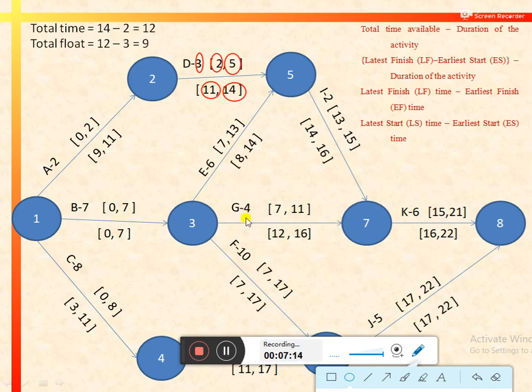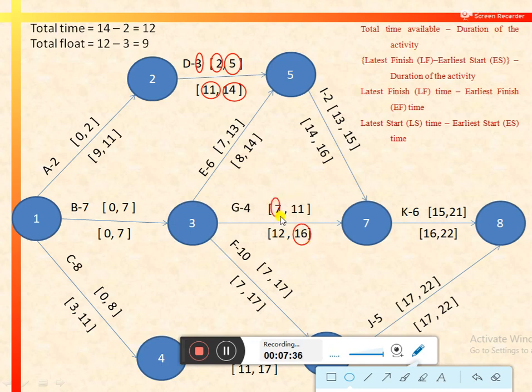Like for activity G, the total time available would be equal to 16 minus 11, that is, total time available would be equal to latest finish, that is 16, minus the earliest start, that is 7.